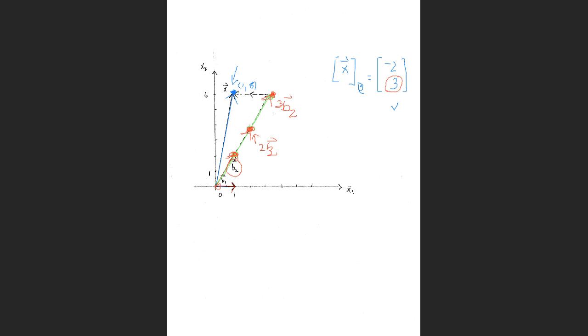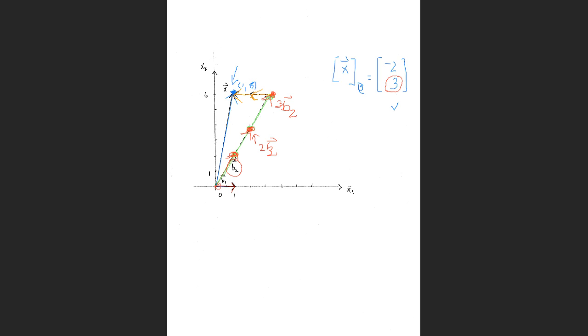Now, what am I doing there in the yellow to get to the point 1, 6?